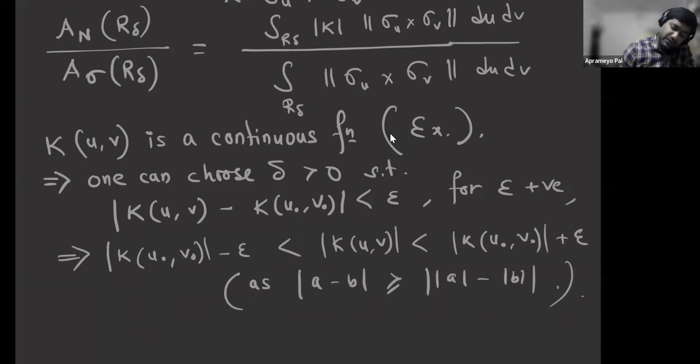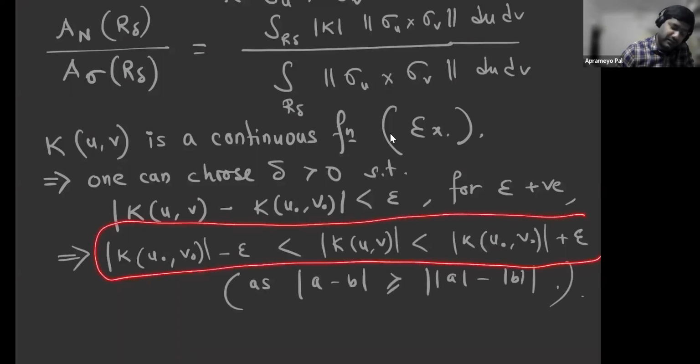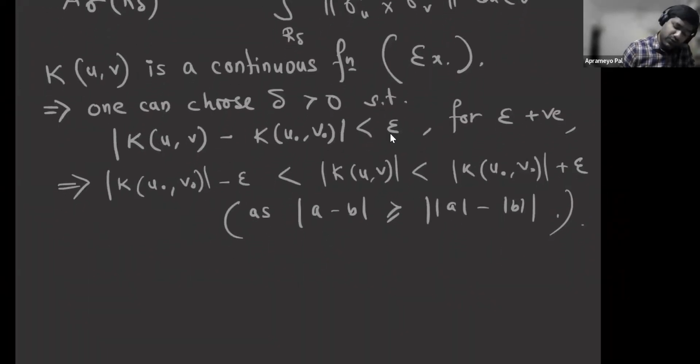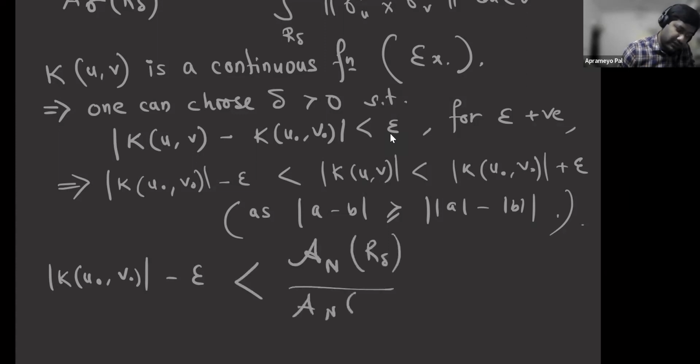So this is nice. Why do we need this? Because now you put this in the integral, and what you get is mod K(u0,v0) minus epsilon is less than area of G of R delta divided by area of sigma of R delta, which is less than mod K(u0,v0) plus epsilon.